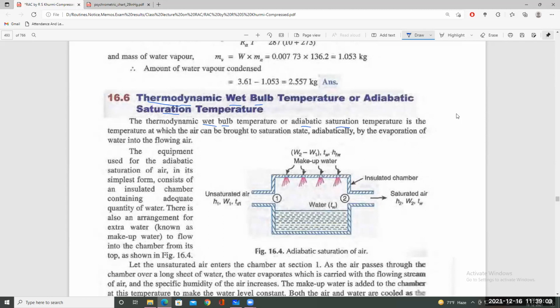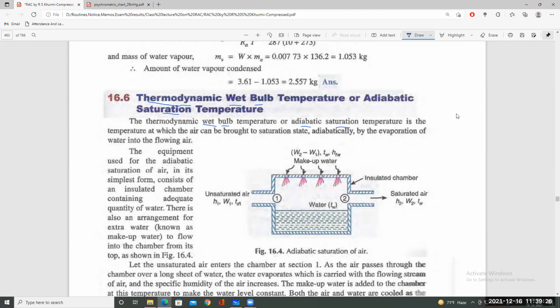Now, after the saturation is complete, meaning no more water can be absorbed by the air, it is defined as the saturated state, and the temperature under this condition is defined as the saturation temperature.